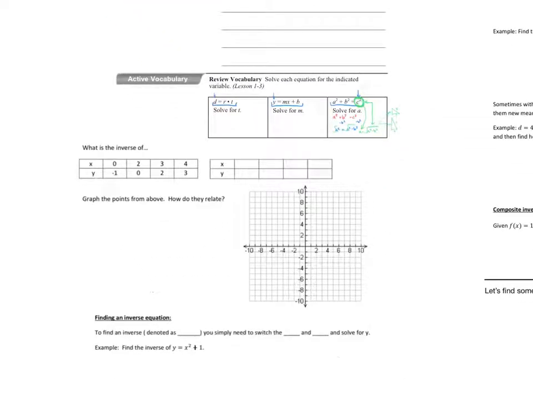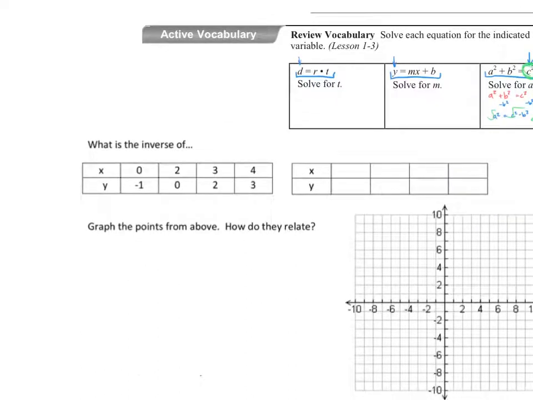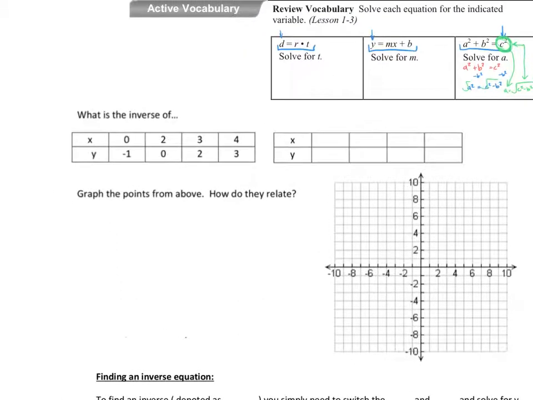All right, here you'll see a table on inverses. This allows us to see what inverses look like from a table and a graph. Here's what's neat about inverses, and it makes sense based upon the title: your x's become the y's.